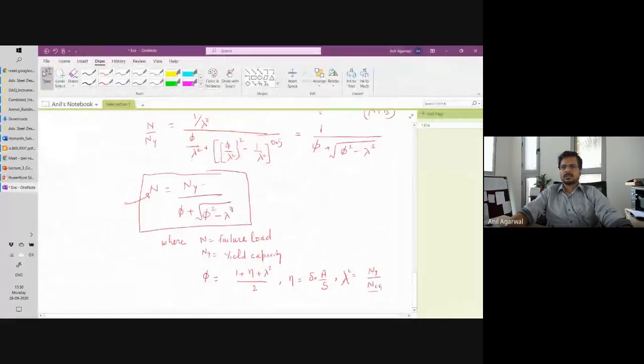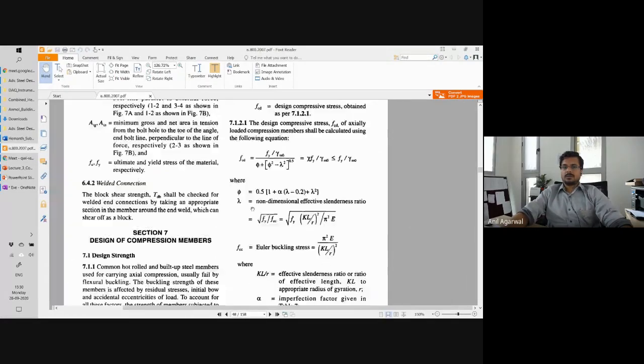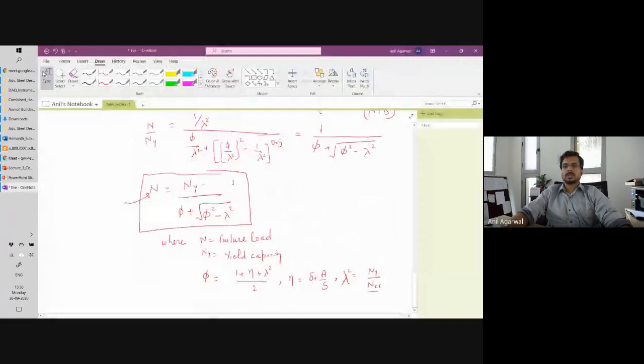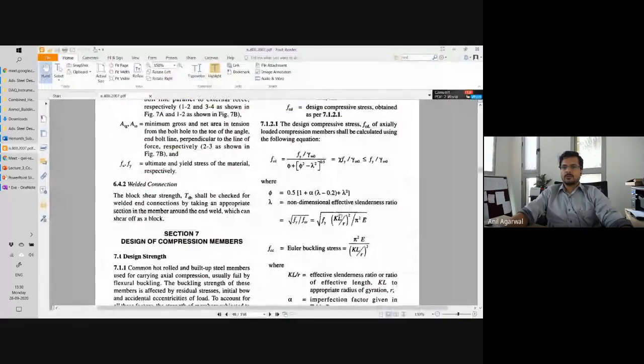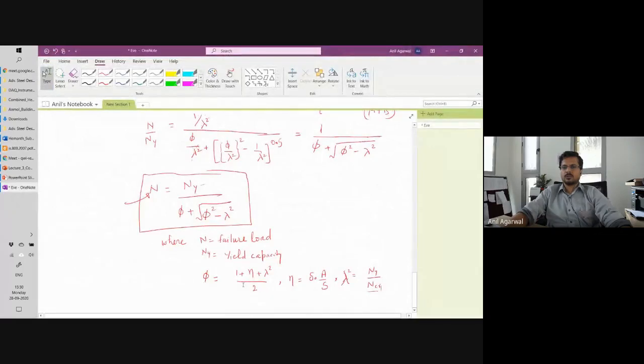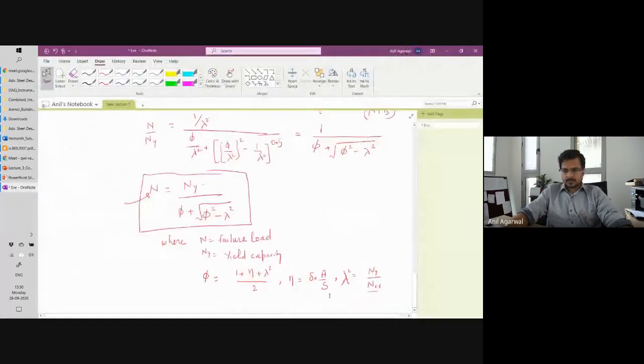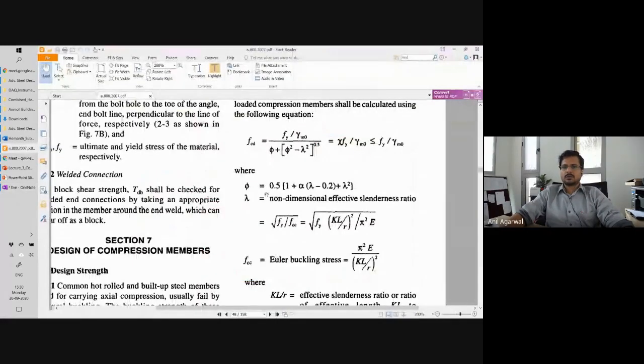So in this entire derivation, we have got the stress reduction factors only because of imperfections. But we have never accounted for the residual stress effect. And if you look closely again, the expression for phi that we had used was 1 plus eta plus lambda square by 2, and eta was delta 0 A by S. Now look at their expression of phi.